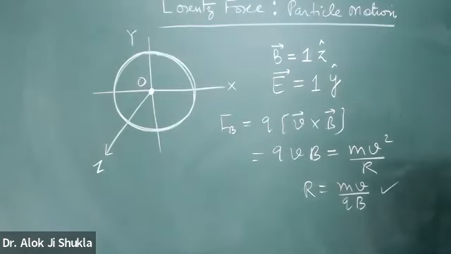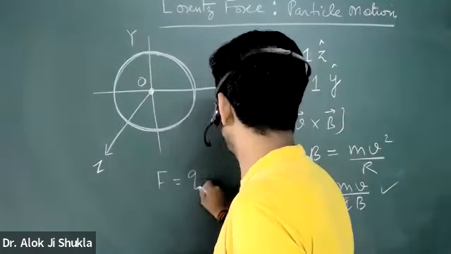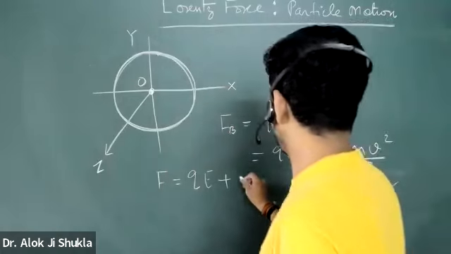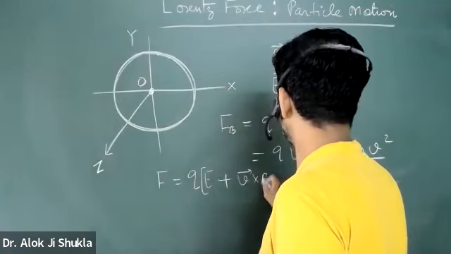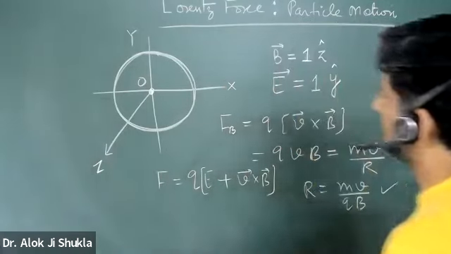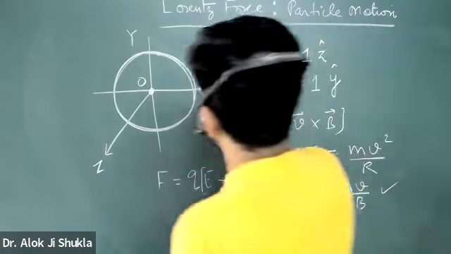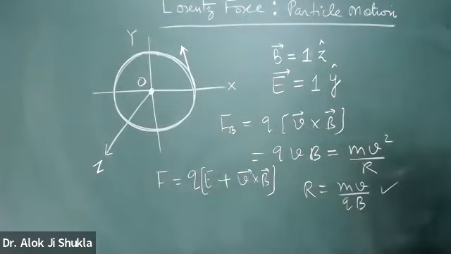So that will be F is equal to QE plus QV cross B. और डायरेक्शन देखो जरा. अगर मान लो मैं ये वेलोसिटी वेक्टर लेता हूं, तो what is the magnetic force?